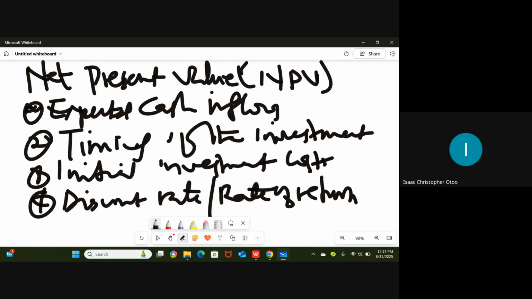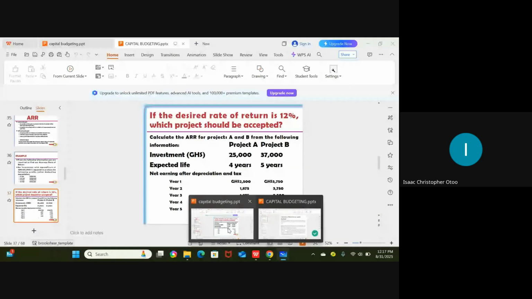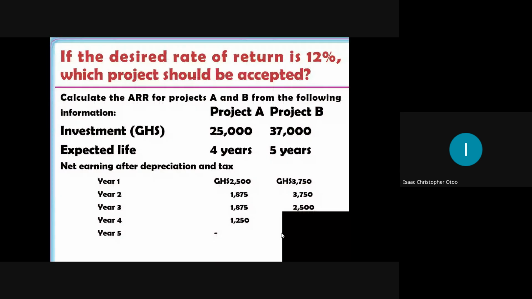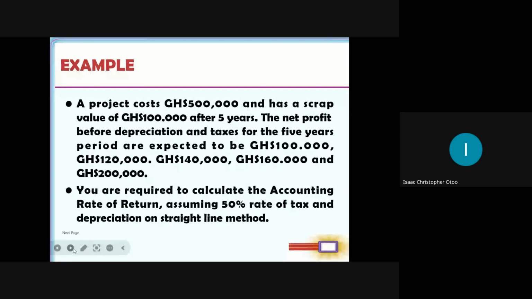Okay, very good. Then let me project it. You can see that we have more examples that you need to calculate. Say the project costs 500,000 and has a scrap value of 100,000 after 5 years.